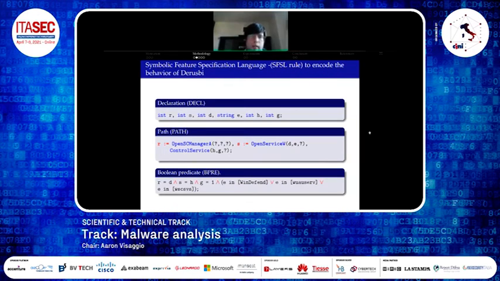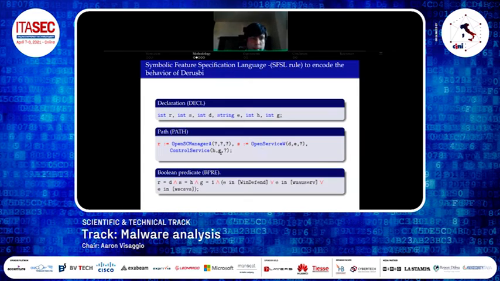A path is a sequence of API calls, and each API call has an assignment of a variable depicting the return value, in red, and a list of variables depicting the API parameters, in black. A question mark depicts an argument which is immaterial for our analysis.